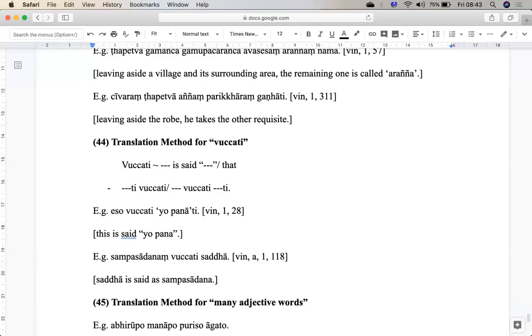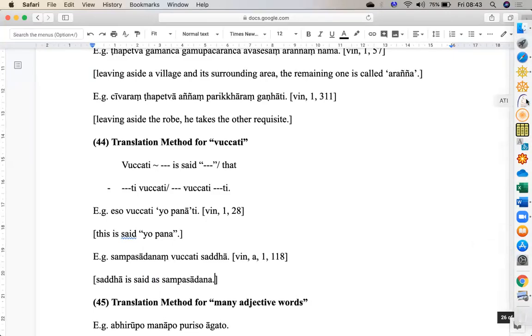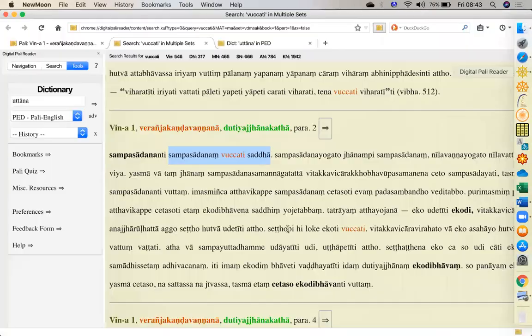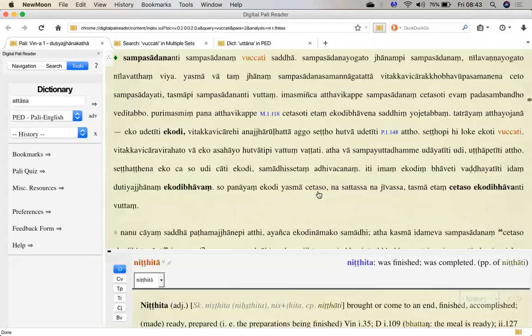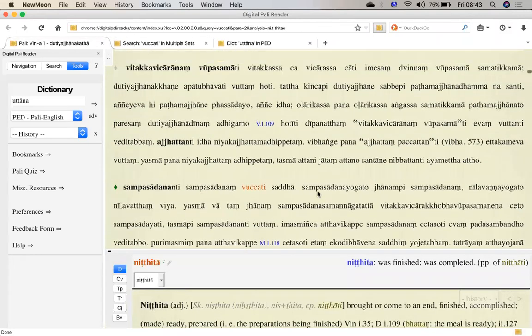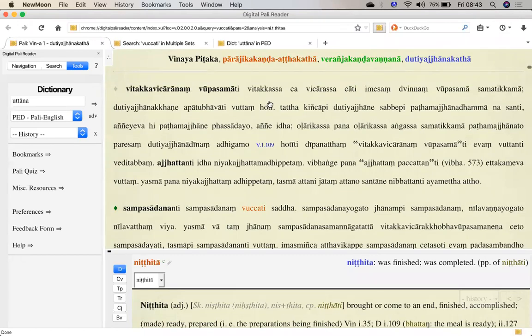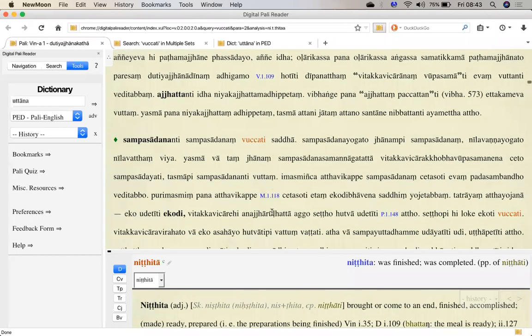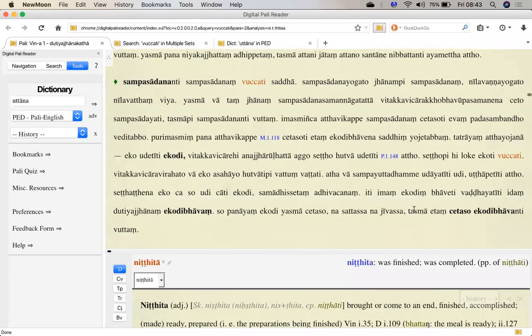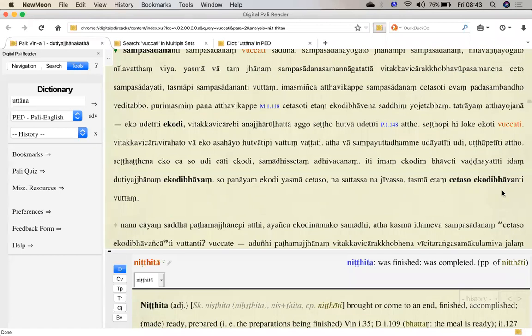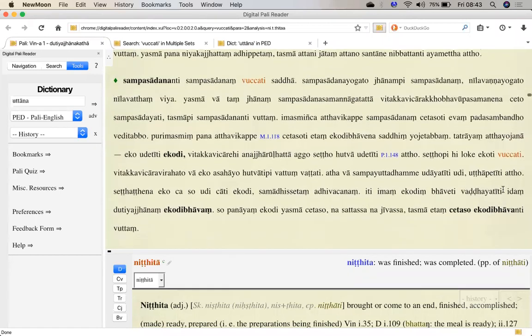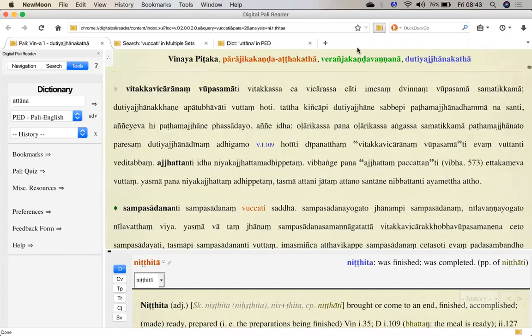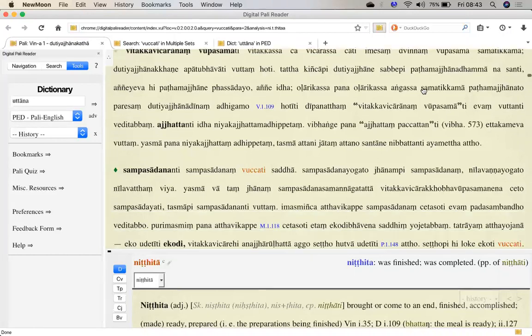So in the jhana explanation, in the first column, here Vidaka Vichara, Upasama, and the Ijatan, and the Sambasadana, and the Ikoti Bhawan, Chitta. Maybe this is the second jhana Katha, explanation.